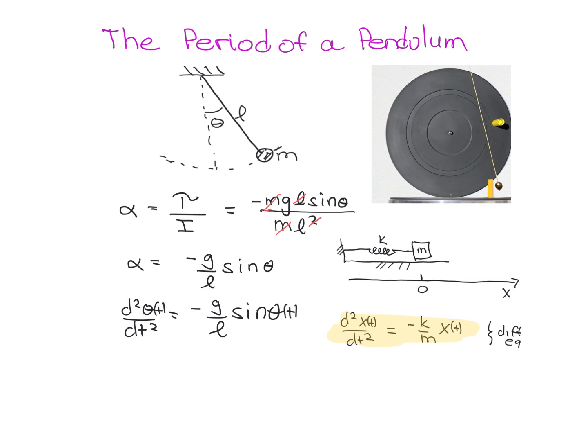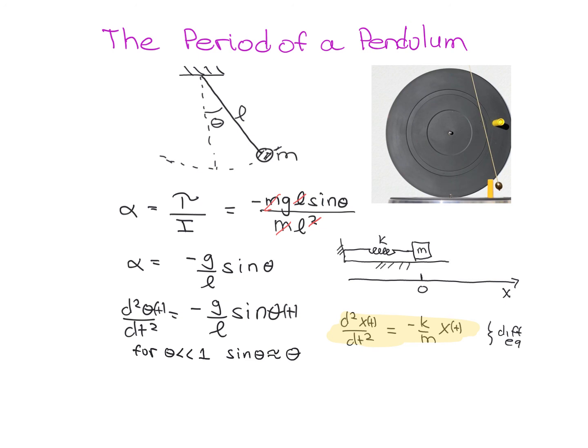You may recall that for small values of theta, and when I say small, I mean small compared to 1, when theta is small, measured in radians, the sine of theta is very nearly equal to theta itself. And if you don't believe me, take out your calculator, set it to radians, and put in a number like 0.1 and take the sine of it, and you'll get something very close to 0.1.